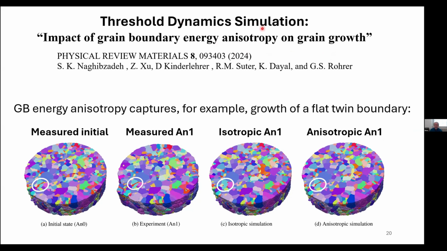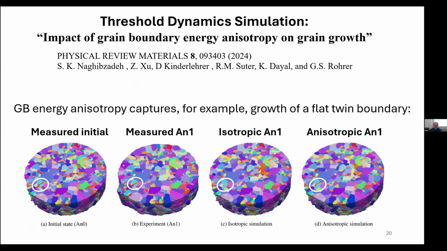This is a simulation, but it's a simulation that starts with the measured structure. This is the anneal zero state, the initial state that we started with, and then this is the microstructure after one annealing cycle. And there's this little twin boundary down here. You have to look pretty carefully.